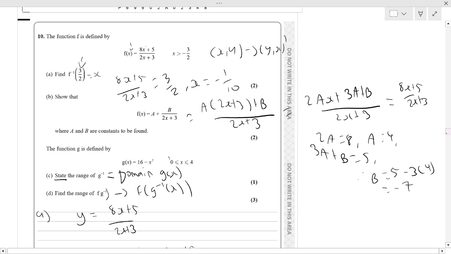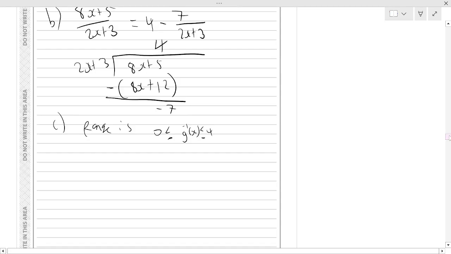So it's saying f of, if I then add the brackets in, it'd be f of g inverse of x, bracket bracket. So it's the composition. So I'm plugging g inverse of x into f. But again, you should be quite familiar with that sort of notation. So I'm going to write that down then. So I'm going to say f of g inverse of x.